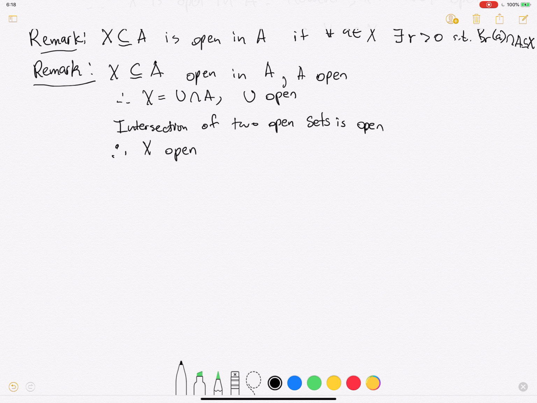Alright, now to get a bunch of characterizing properties of continuous functions, we'll list them out. Characterization theorem of continuous functions.